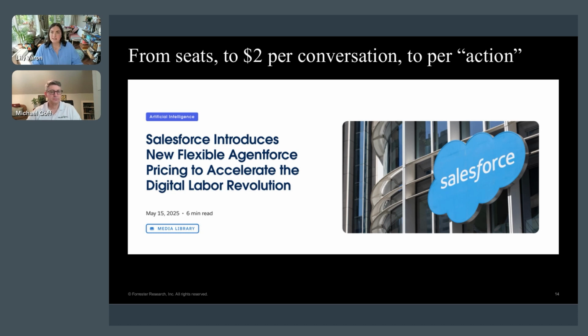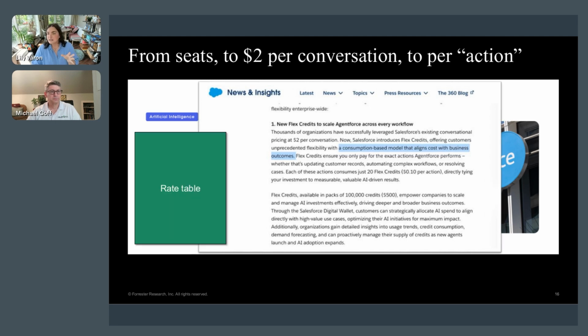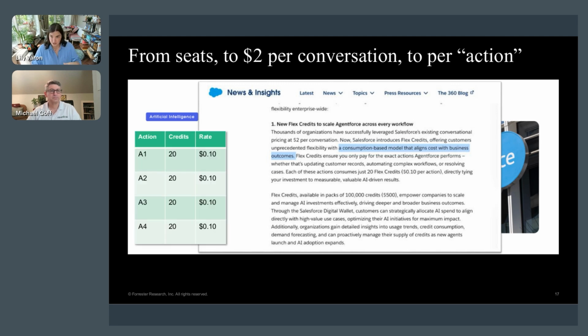And now it's evolved into this more, hey, I'm taking action on your behalf, and so I'm going to monetize each action. They're positioning it subtly as an outcome-based model. It's really a prepaid usage-based wallet system, and this is a little rate table that I've built here on the left.